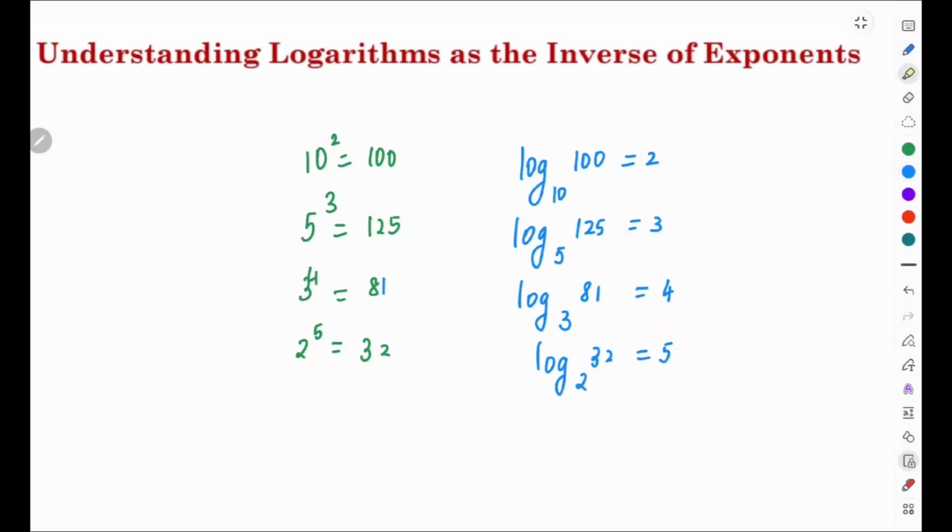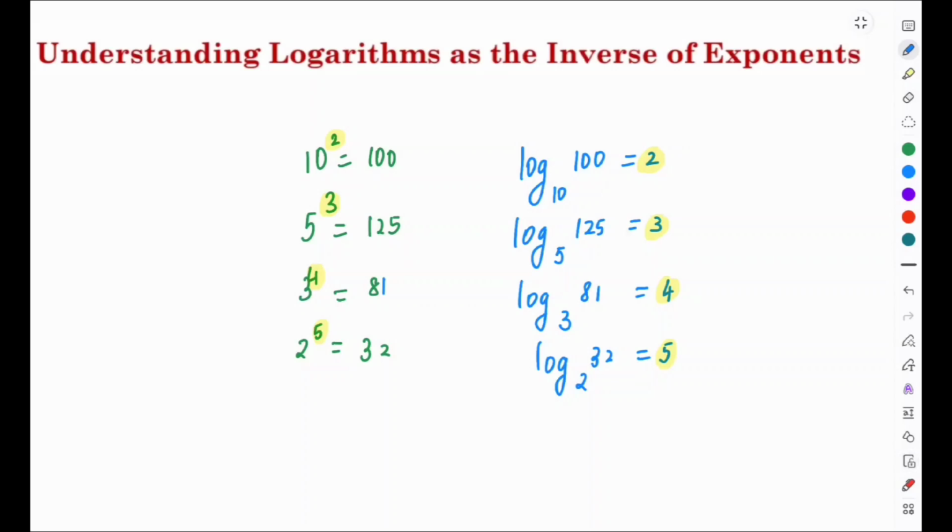If you just see here, these 2, 3, 4, 5 are all the powers of a number, right? This is how a logarithm is written. Now let's see how it is defined and what these 100, 10, 5 respectively are.